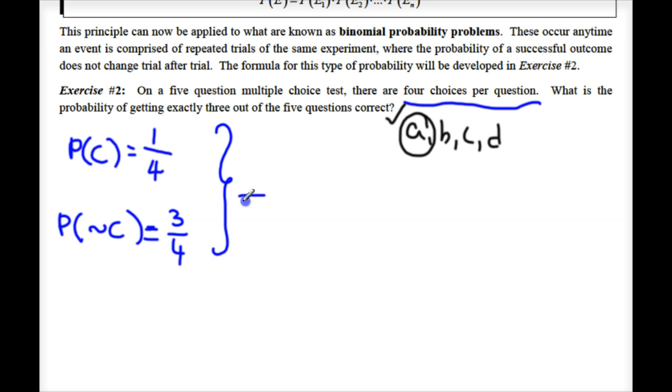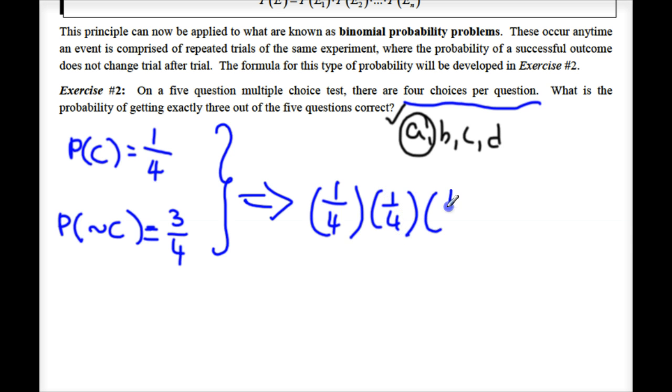Now think about any sequence where 3 are correct and 2 are incorrect. If 3 questions are correct, it's going to be a quarter times a quarter times a quarter, and then there are 2 that are incorrect.